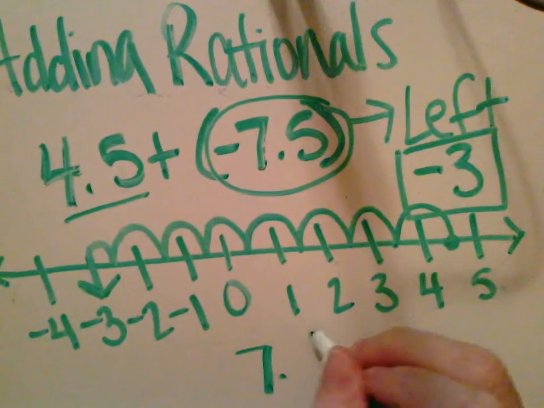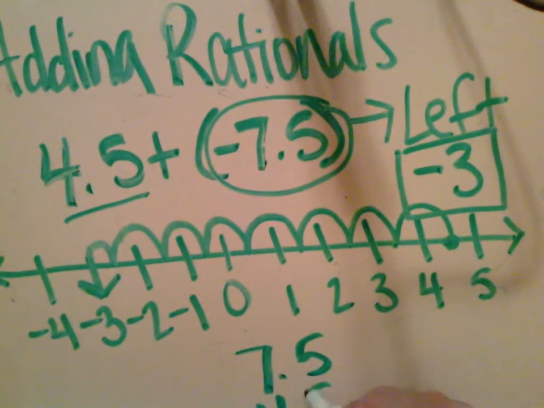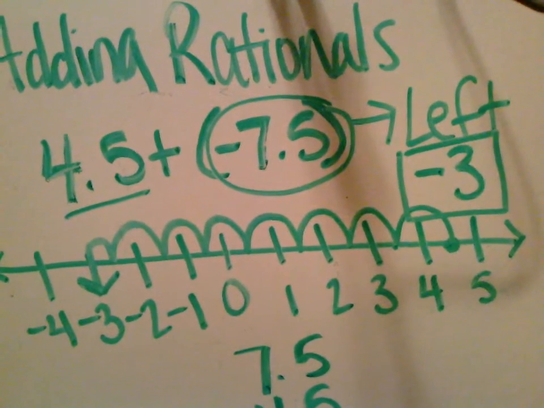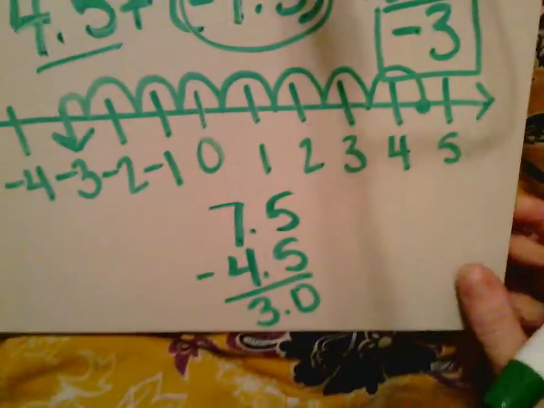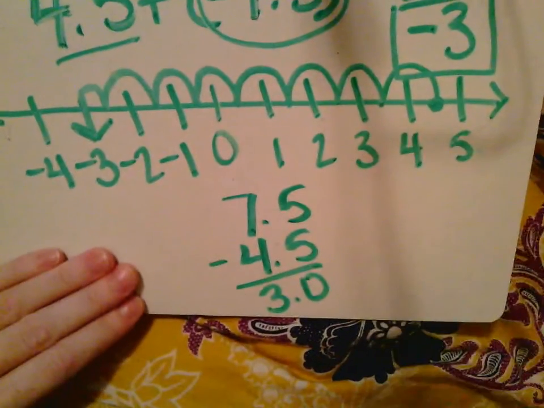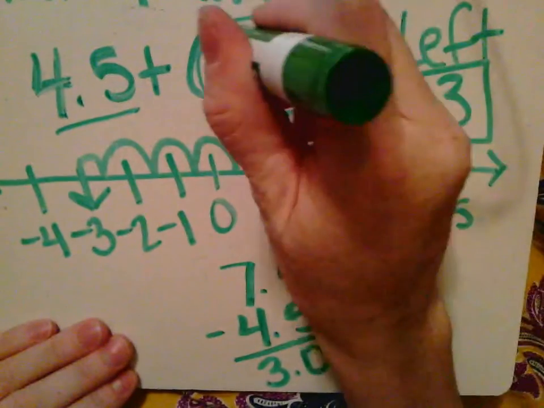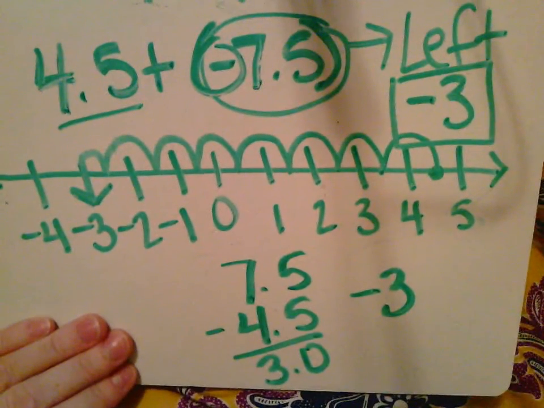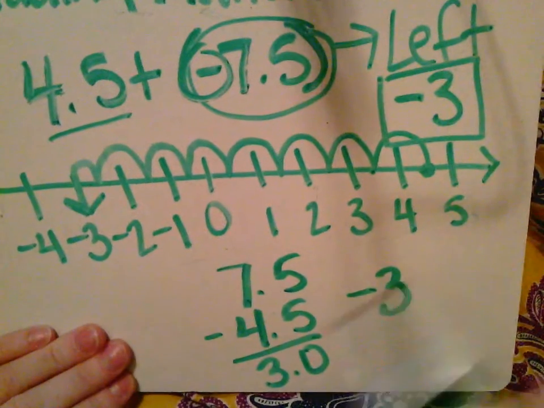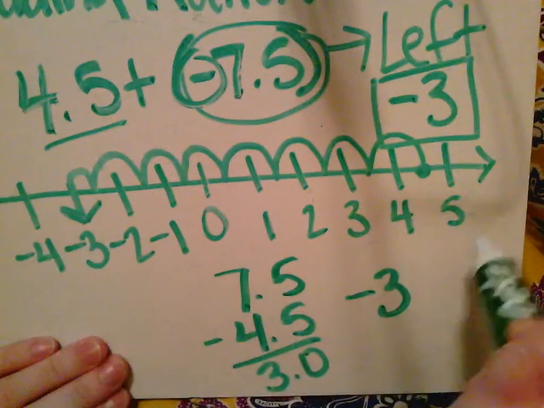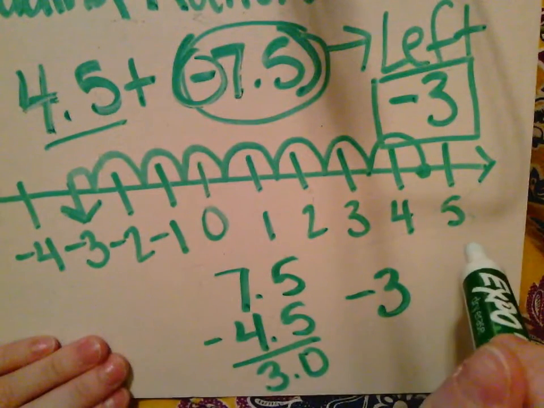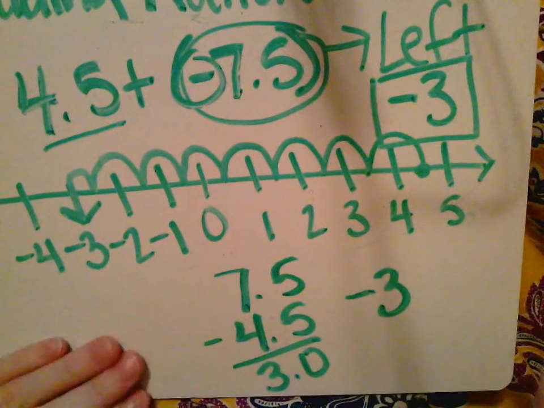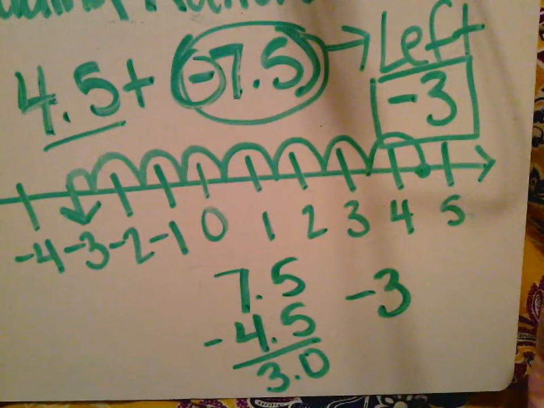So I'm going to say 7.5 minus 4.5 is 3.0, and I'm going to take the sign of the larger number, which was this one. So this is a negative 3. Okay. Most of your stuff is within reason of drawing a number line. That's what I suggest. You could even picture it with your counters again. Okay.